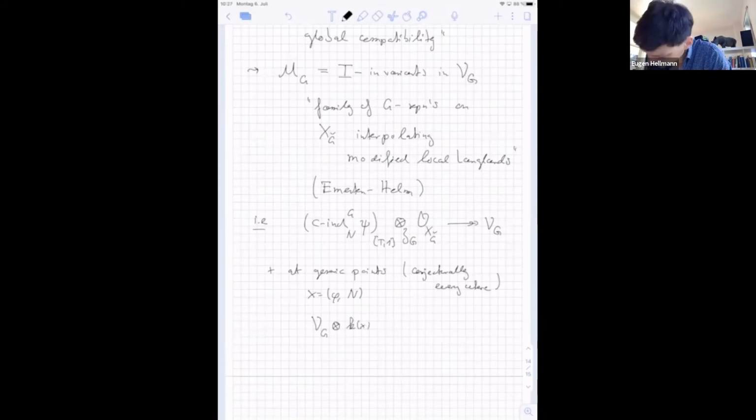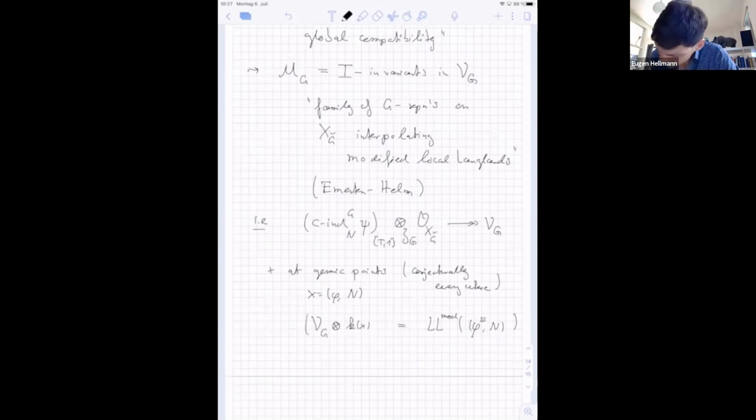And basically this fiber should be the modified local Langlands correspondence for phi and n, up to the fact that first of all, this only makes sense if phi is semi-simple, so maybe you semi-simplify phi.